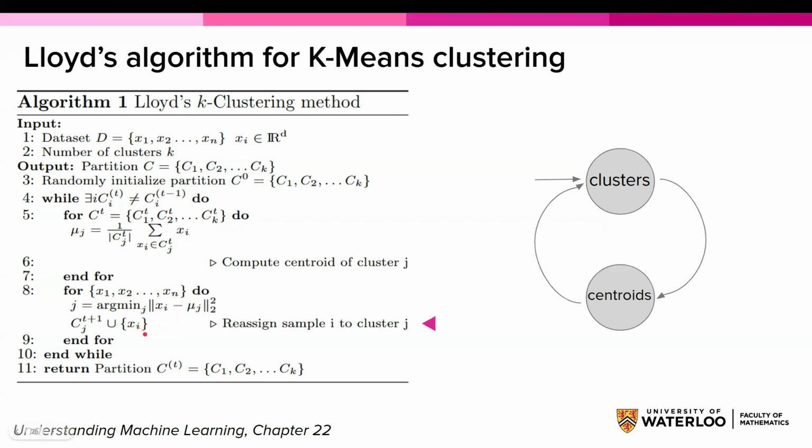This step updates the cluster membership based on proximity to the centroids. So the algorithm continues to iterate between updating the centroids and reassigning the points to create new clusters until it converges, meaning that the cluster assignments are no longer changing from one iteration to the next. And once this happens, the algorithm terminates and we return the final partition.